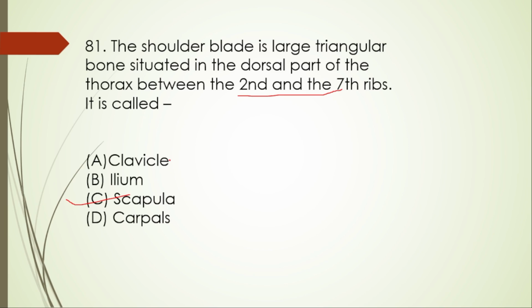Whereas clavicle is also known as collarbone. We discussed about this. It's a long bone that connects the arm to the body. And ilium is a large bone that forms the upper part of each half of the pelvis. Don't get confused. Carpals are small bones that make up the wrist.